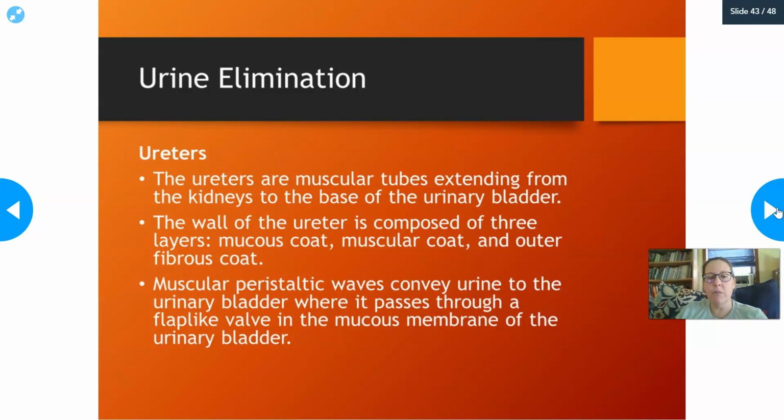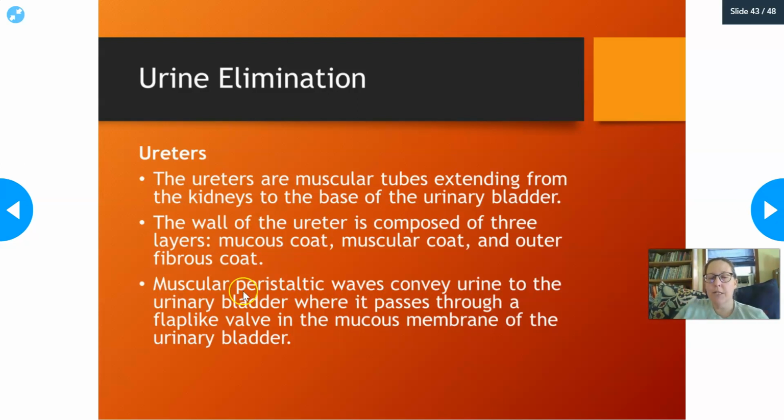The muscular coat can cause peristaltic waves that push the urine to the urinary bladder, where it will pass through a flap-like valve. Because it's going in from the bottom, there's a valve there, and you push up, and then the urine lays back down. That's in the mucous membrane of the urinary bladder.